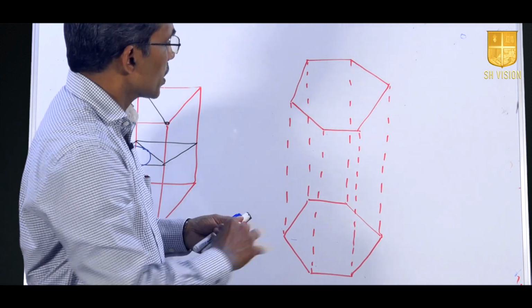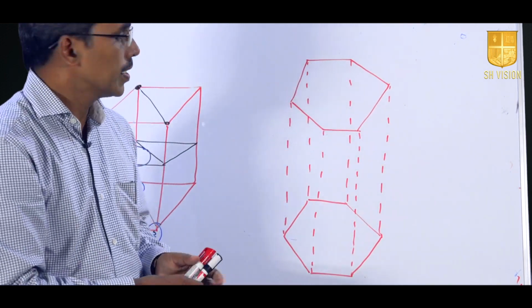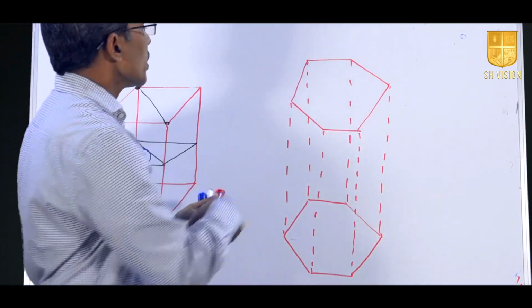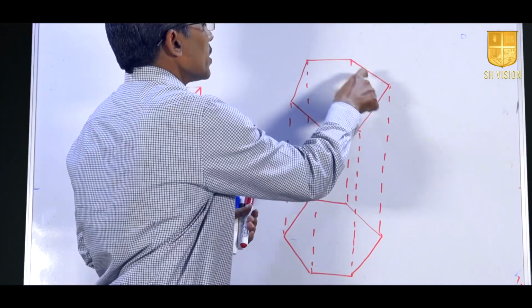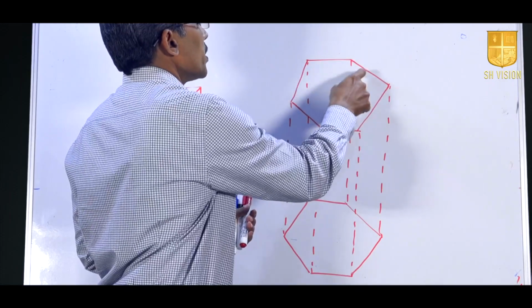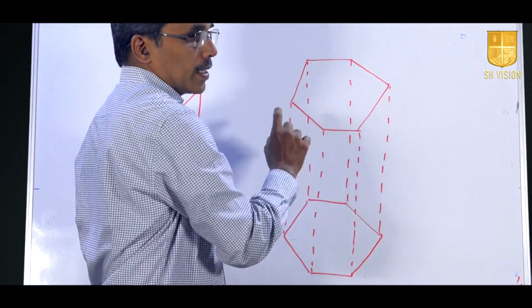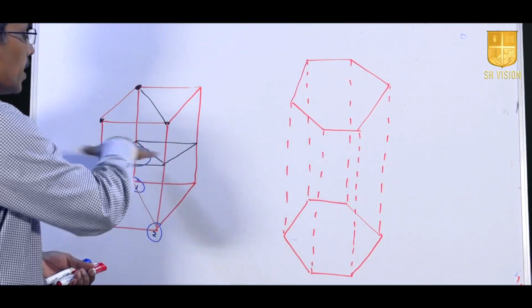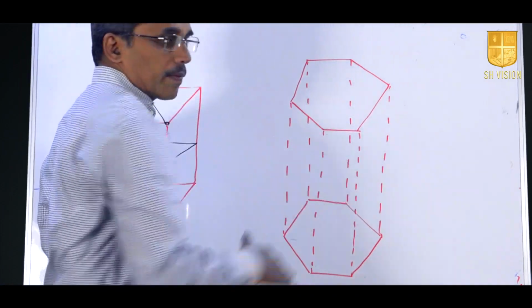This is the approximate shape of the unit cell of the hexagonal close packed crystal structure. In this case all these are the same distance, A is equal to B, and the vertical distance is C. This particular layer will come exactly along the middle region.